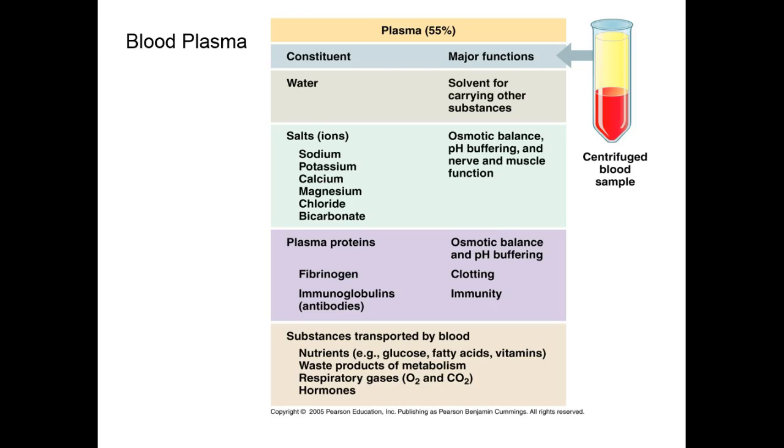Then other substances: glucose, fatty acids, vitamins, gases, O2 and CO2, and hormones. So quite a bit is being carried there in blood for each of your individual cells to use. Remember that glucose is the monomer of carbohydrates.